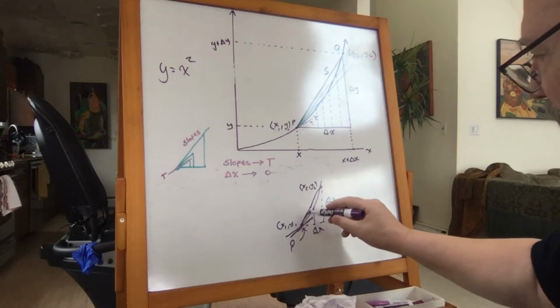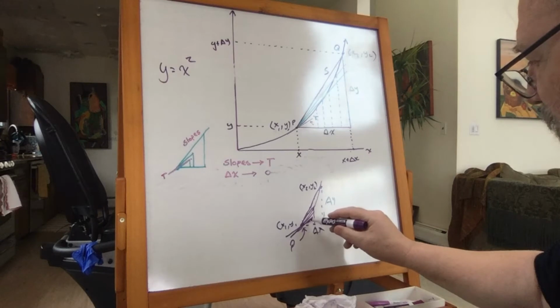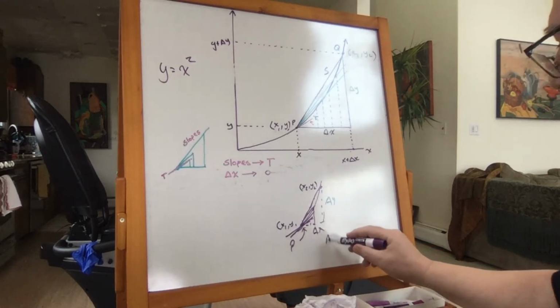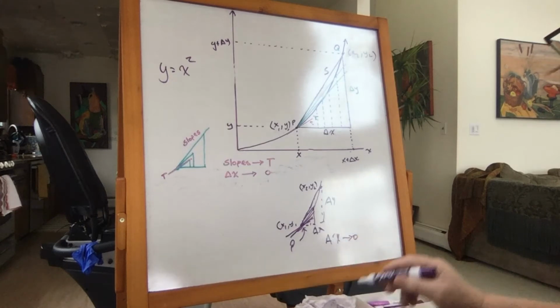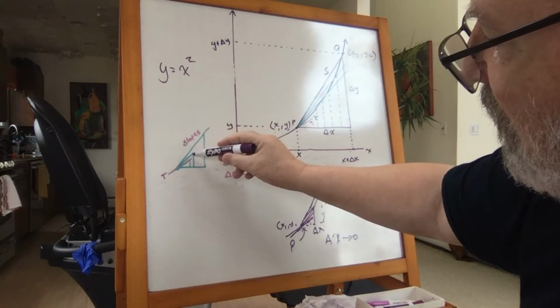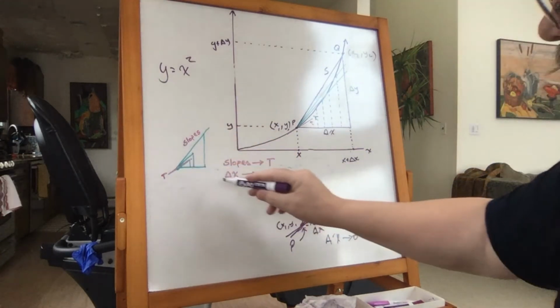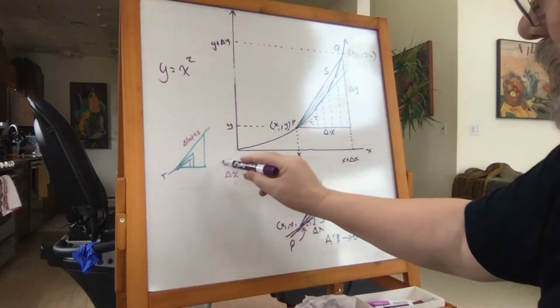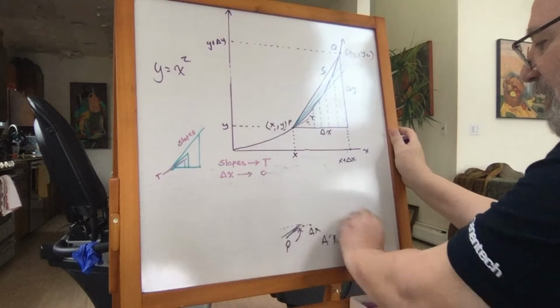And so our slope changes as we change our x. So as delta x goes to 0 or gets smaller, the slope lines change, and when delta x goes to 0, the slope goes exactly to the tangent.